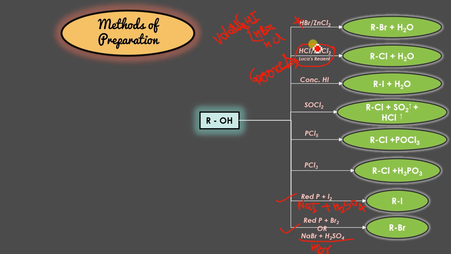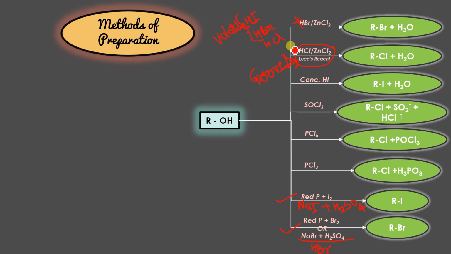Lucas reagent is one of the famous reagents to identify primary, secondary and tertiary alcohol. If it is tertiary alcohol, it will give you immediate turbidity, that means immediate formation of RCl. If it is secondary, it will give turbidity after 4 to 5 minutes. But if it is primary, it won't give turbidity at room temperature. Of course, that will also react, but after heating.